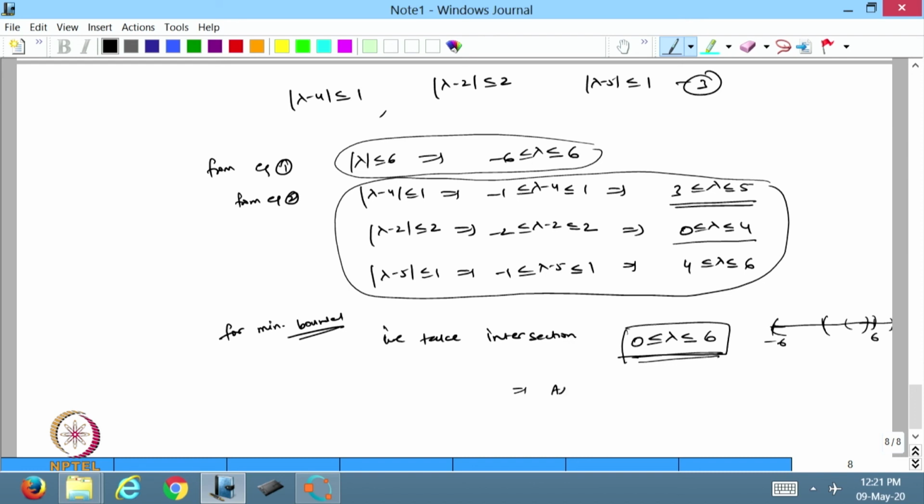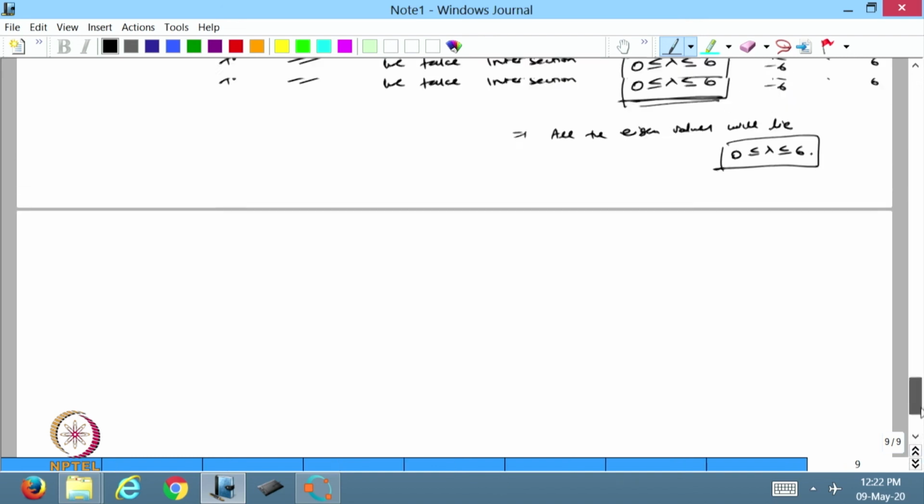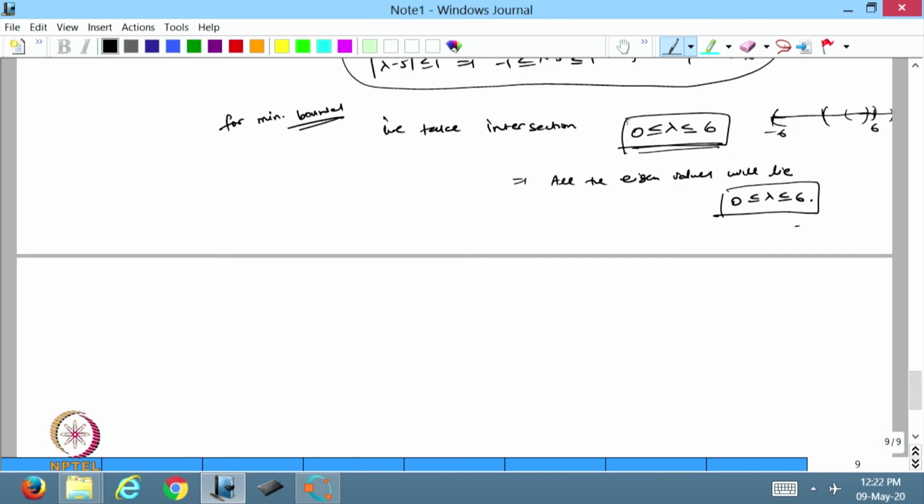From here I can say that all the eigenvalues will lie within this range, 0 to 6. So, that is all about the eigenvalues. We stop here.